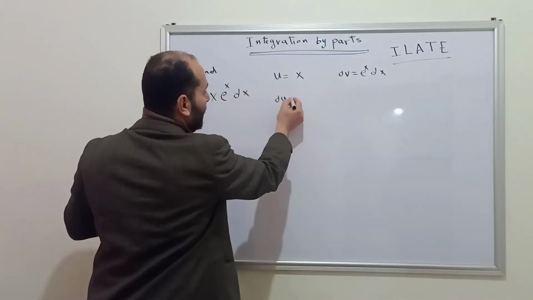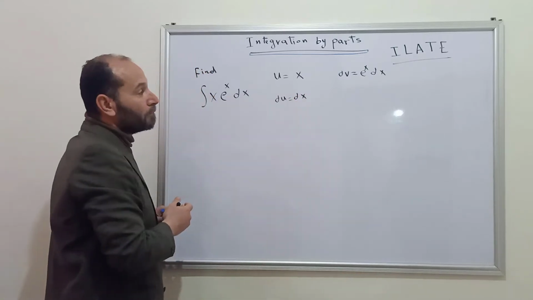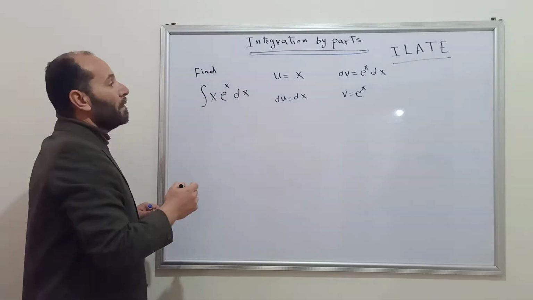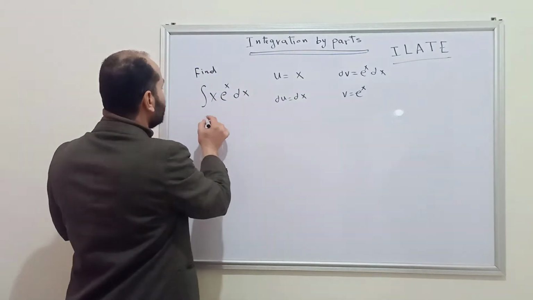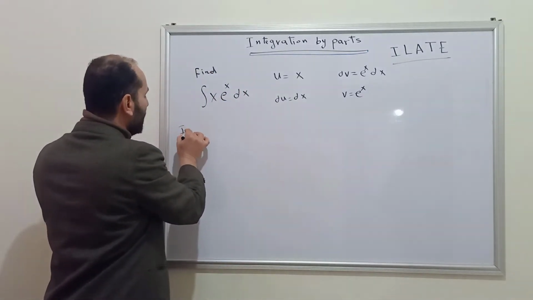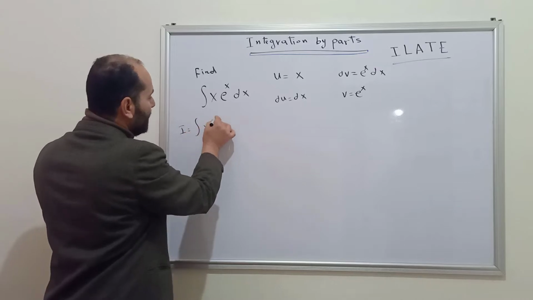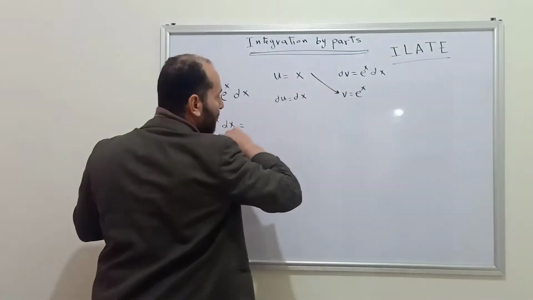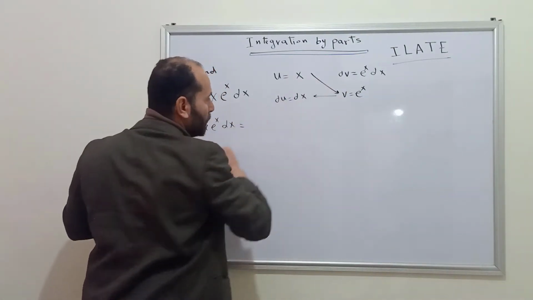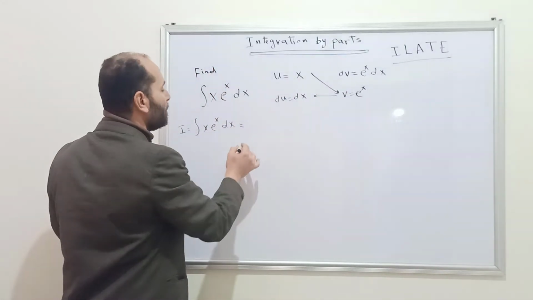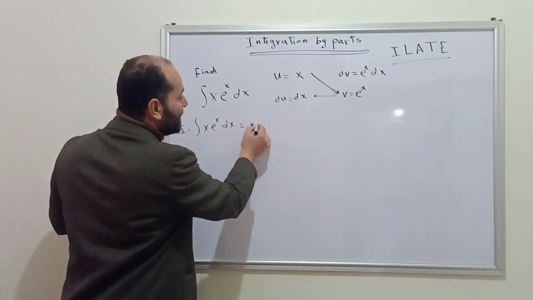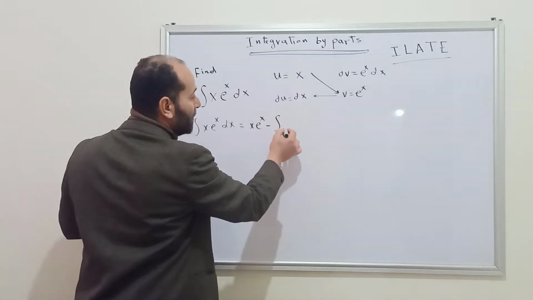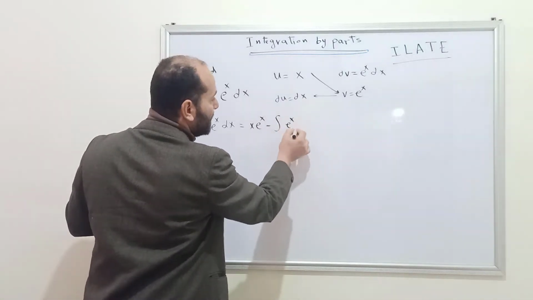Then du equals dx, and v equals e power x. By applying the rule, I equals integration x e power x dx equals uv minus integration v du, which is x e power x minus integration e power x dx.